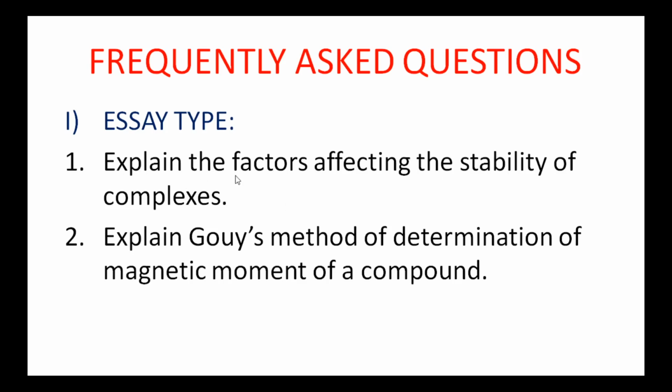I have explained 10 factors. For 10 marks, we have to write any 5 factors. Next, the second essay question is: explain the Gouy method of determination of magnetic moment of a complex. This is explained in the spectral and magnetic properties of complexes lesson.